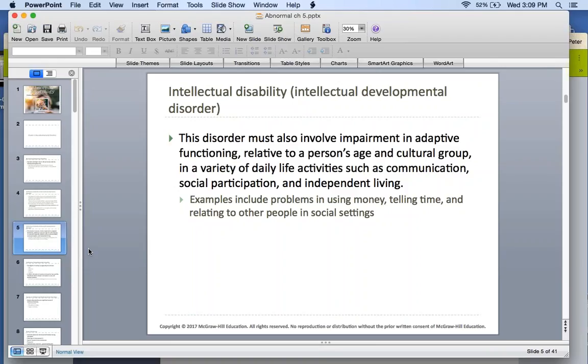So they must have impairment in communication, social participation, and independent living. So it's not just the score on the test, but it's also looking at these other things. So examples would be difficulty using money, telling time, and relating to other people in social settings.